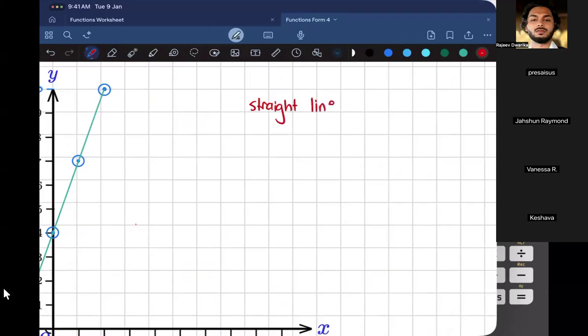So if you have a straight line, then the equation of the straight line will be y = mx + c. Or it could also look like f(x) = mx + c, right? Did anybody in class ever see this before?